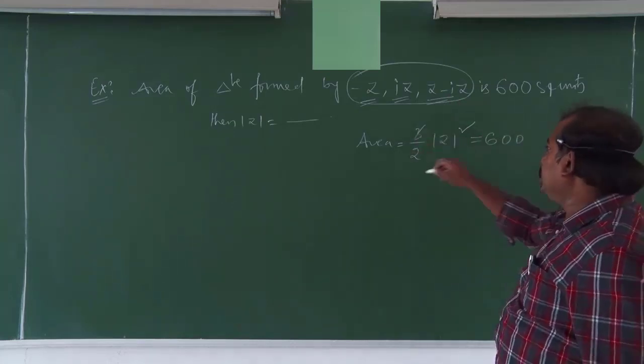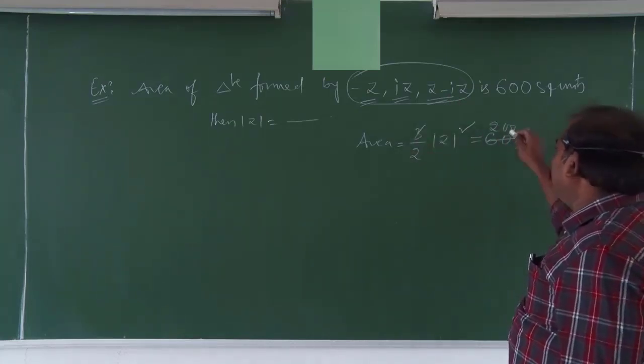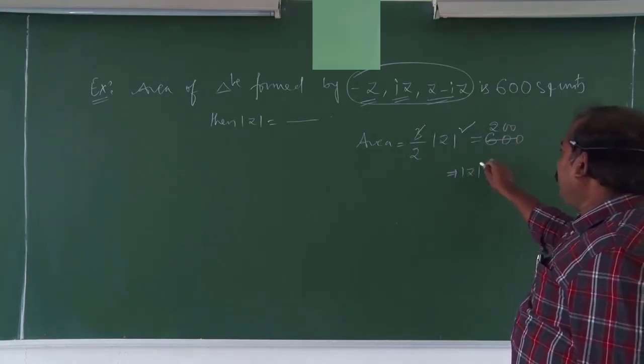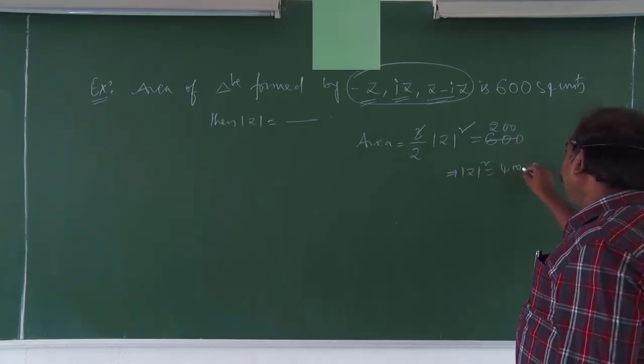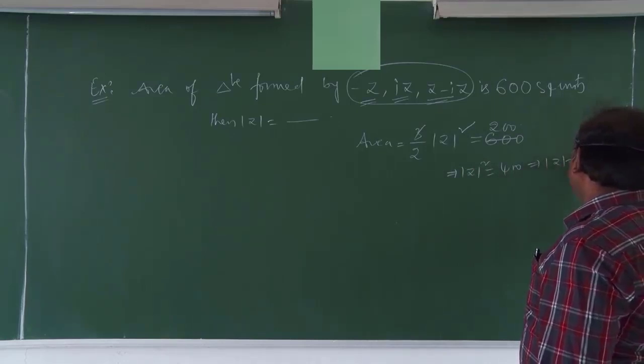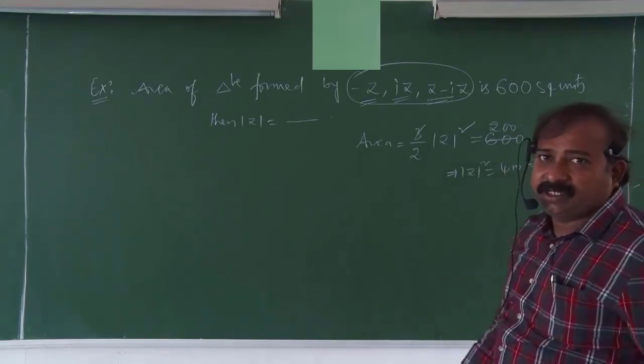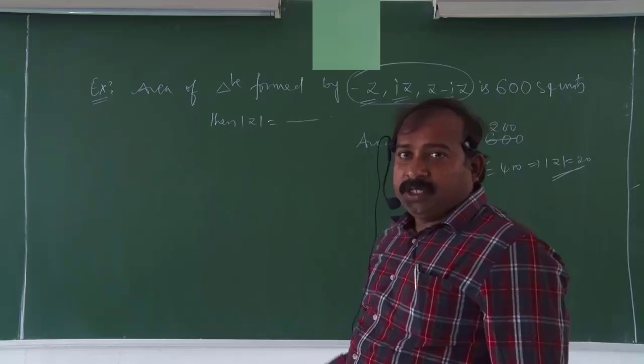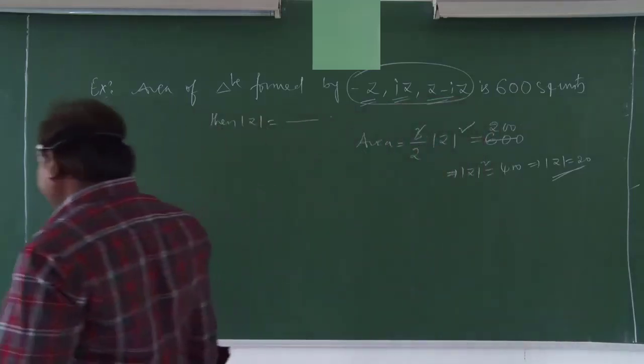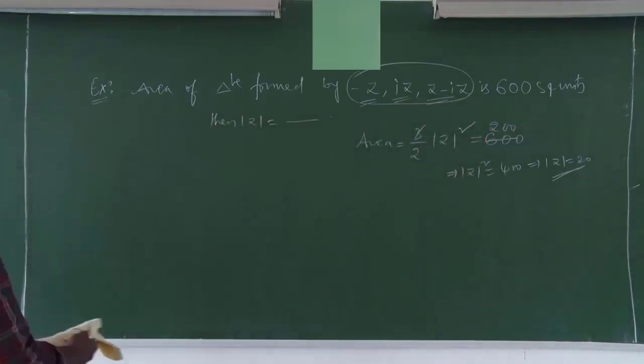Then the value will be 400. Therefore mod z square is 400, so mod z is equal to 20. That's it. This is the application of the point we already gave, minus z, iz, z minus iz.